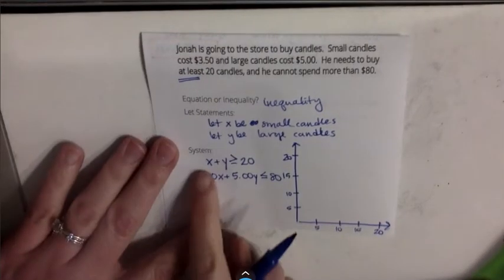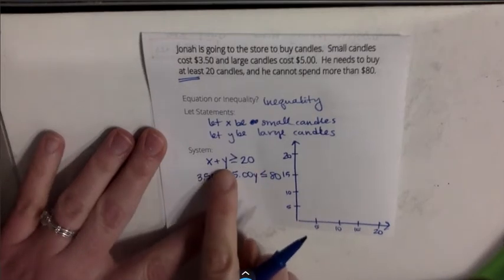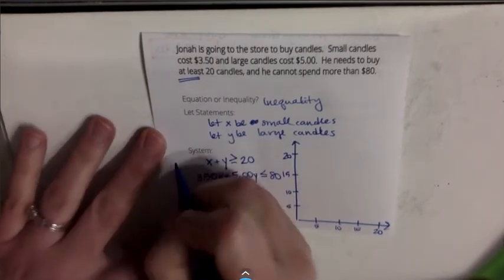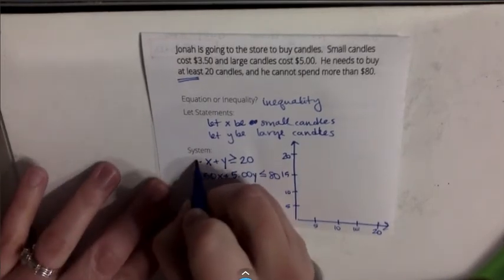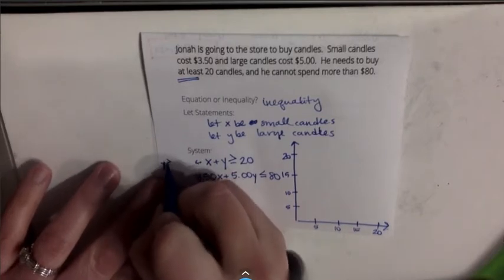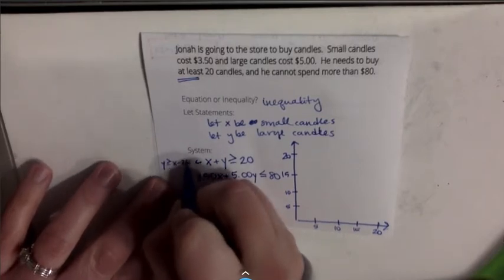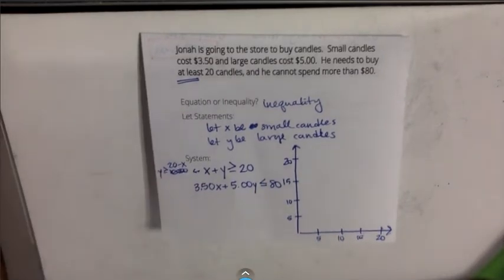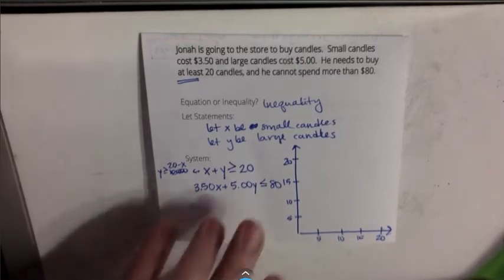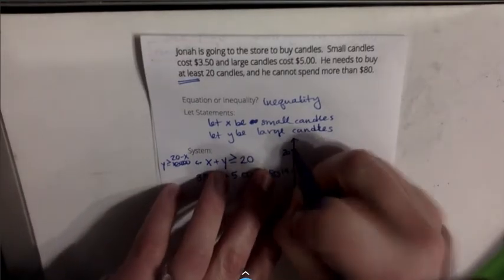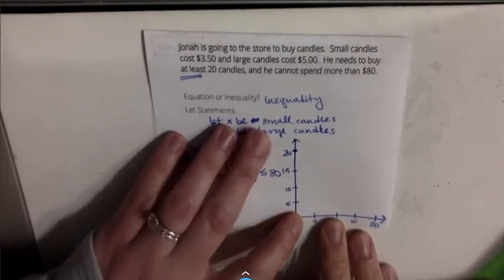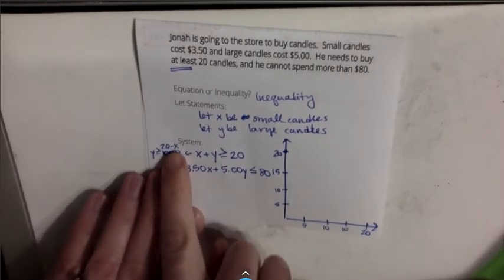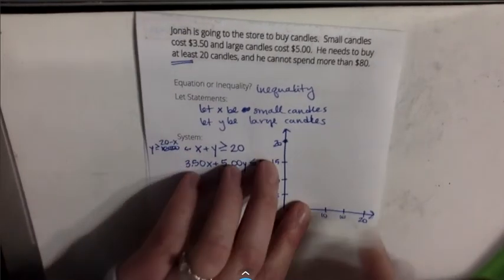If I look at this first inequality, x plus y is greater than or equal to 20. If I were to write that in slope-intercept form, that would look like y is greater than or equal to 20 minus x. I had flipped things around in a way that is not accurate. So I will create my y-intercept at 20, and it goes down, rise over run, 1 over 1.